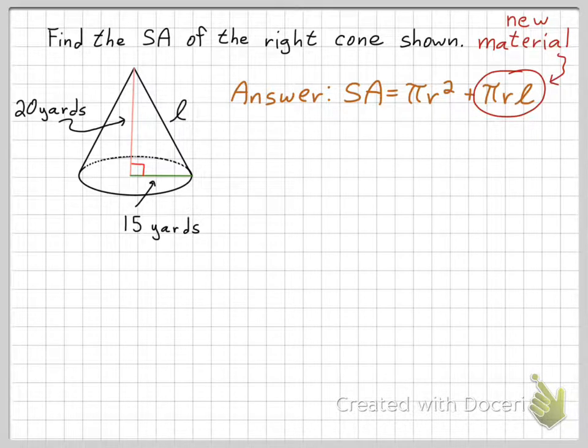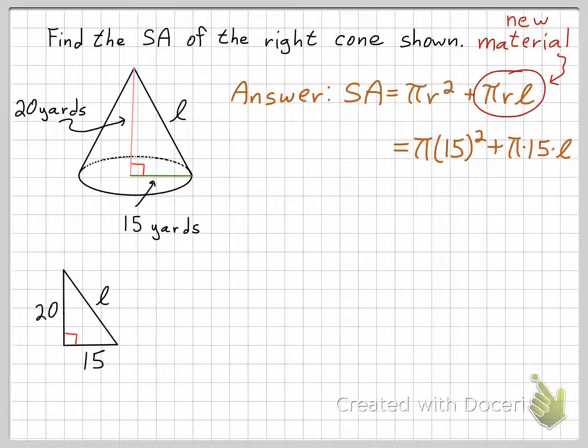And then filling in values, we get the radius is 15, so that's where the 15 comes from, because the radius is 15. And then again, radius is 15, but we don't know the slant height. So the way we're going to figure that out is we have this triangle, and it is a right triangle, so I'm going to blow it up and move it down here.